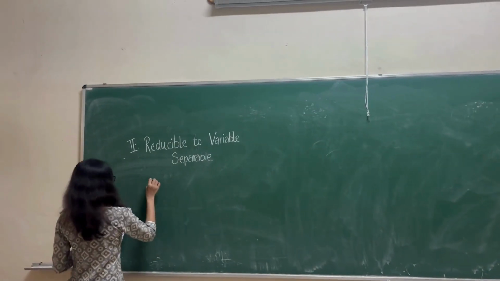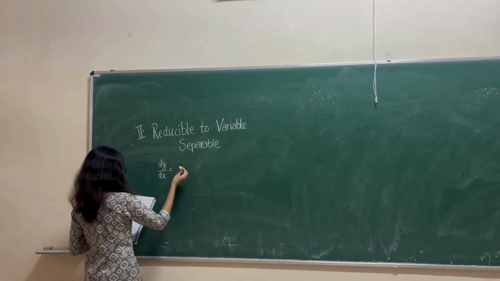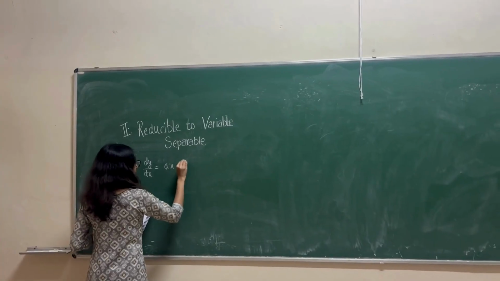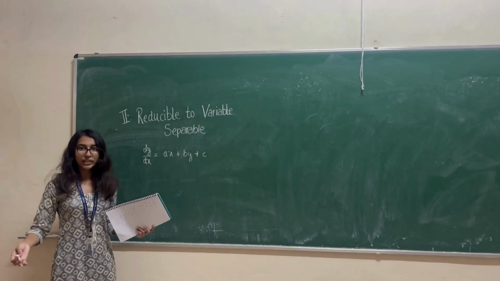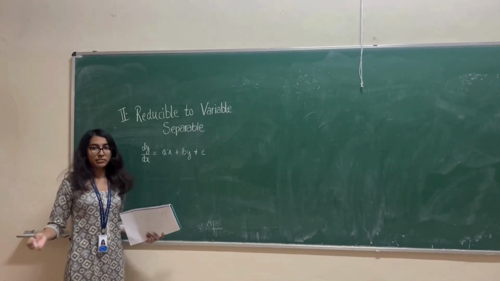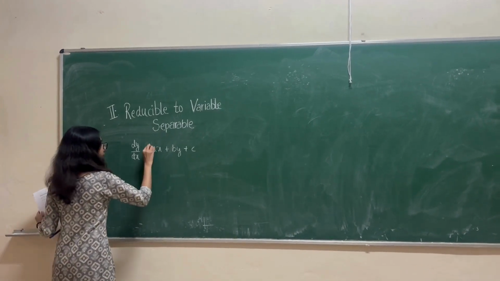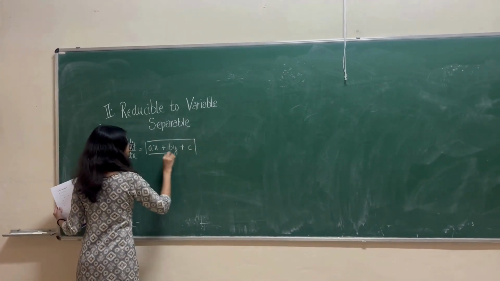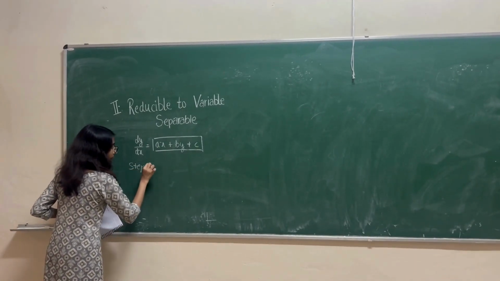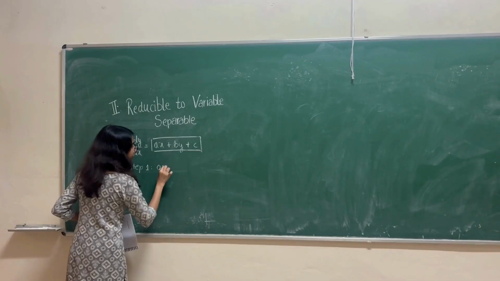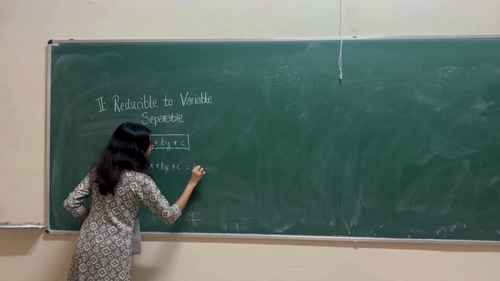Okay, so if we're given an equation that is of the form dy by dx is equal to ax plus by plus c, we might not directly think of it to be a variable separable question, but it can be reduced to a variable separable form. So here we can substitute this whole thing as t. So that will be our step 1, where we make ax plus by plus c equals to t.